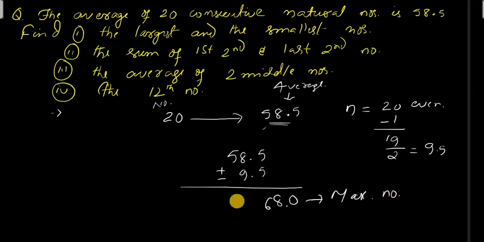The maximum number is the average plus 9.5, and the minimum number is the average minus 9.5. Given the average 58.5, with n equal to 20, we take 19 divided by 2, 9.5, plus for the maximum number and minus for the minimum number.